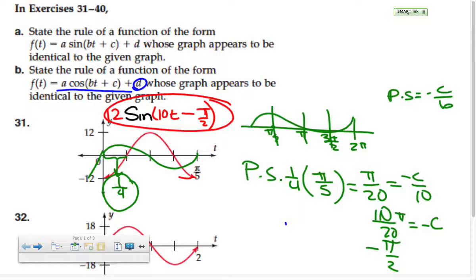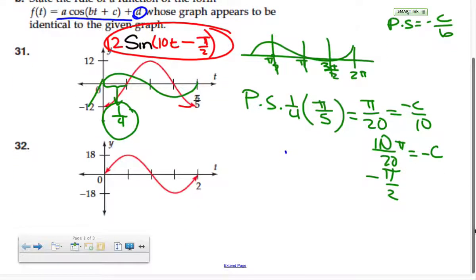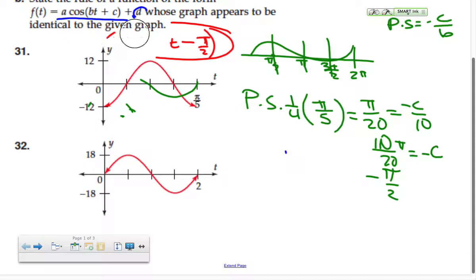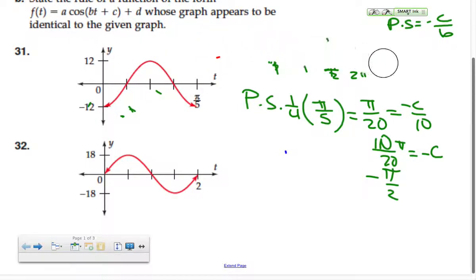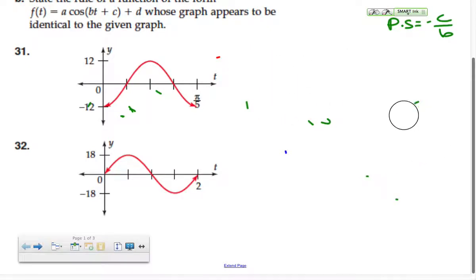So let's move on to number 32. I'm actually going to need to scroll down a little bit. At 32, the sine function is actually easier. In this case, you'll notice that its amplitude is 18.